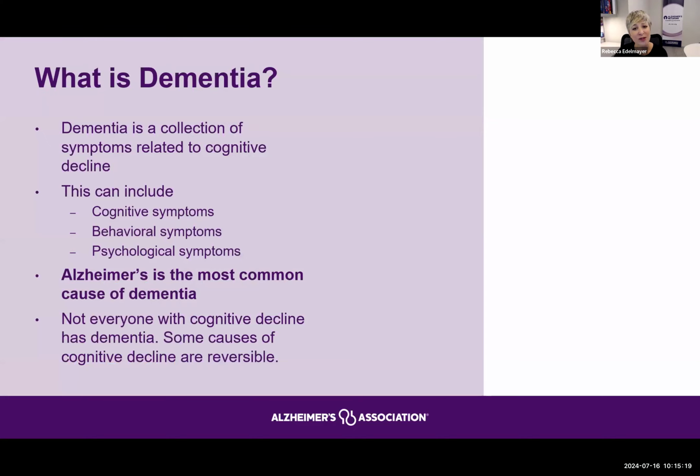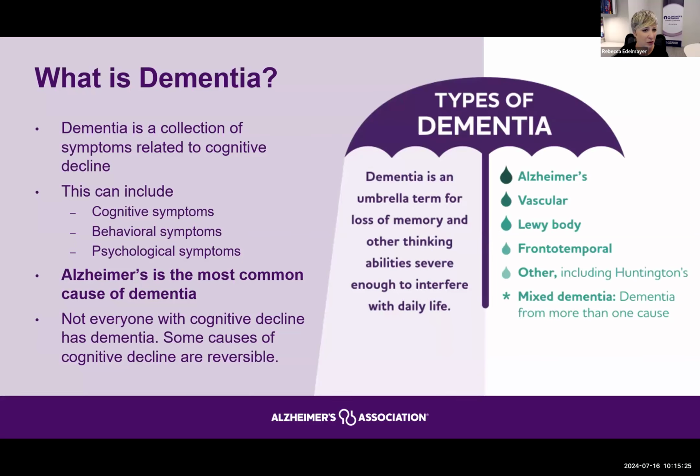So let's start with some basics. One of the biggest questions I get asked is, what is the difference between Alzheimer's and dementia? Dementia is an umbrella term that describes changes in an individual's memory, their thinking, even their behaviors and psychological symptoms that are potentially interfering with daily activities and daily life.